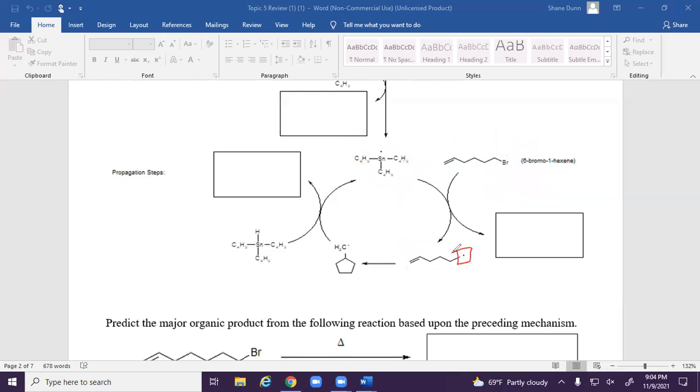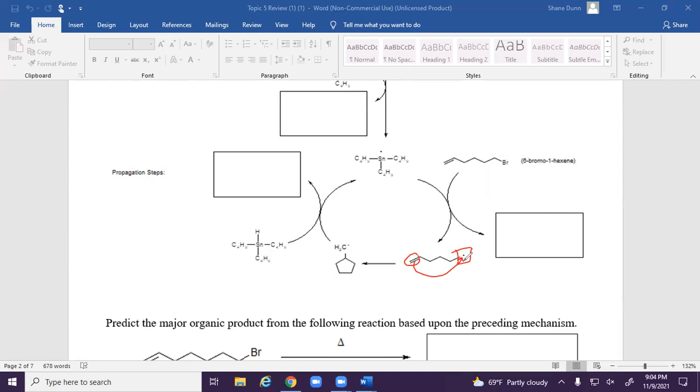Radical here. Is the radical on a primary, secondary, or tertiary carbon? Is that stable? Yes or no? No, it is not. So what do we do? We have to move it. The electrons move, right?